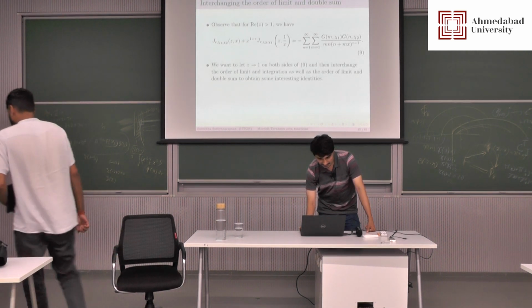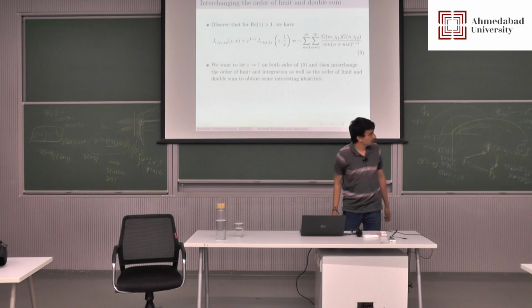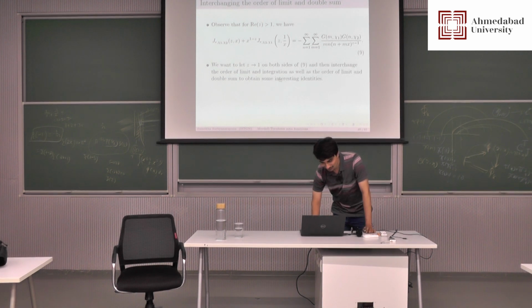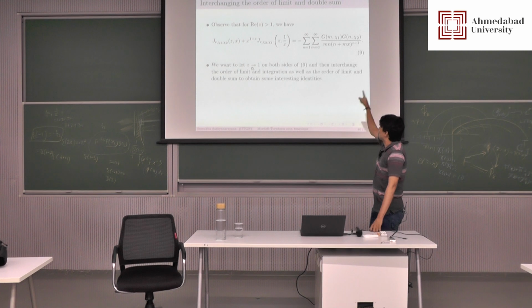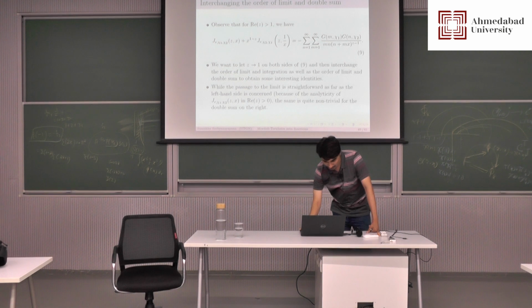So here the thing which I was telling was that we wanted to pin z to 1, but that was not a convergent series at z equal to 1. So that took some work. We had to go in a roundabout way.